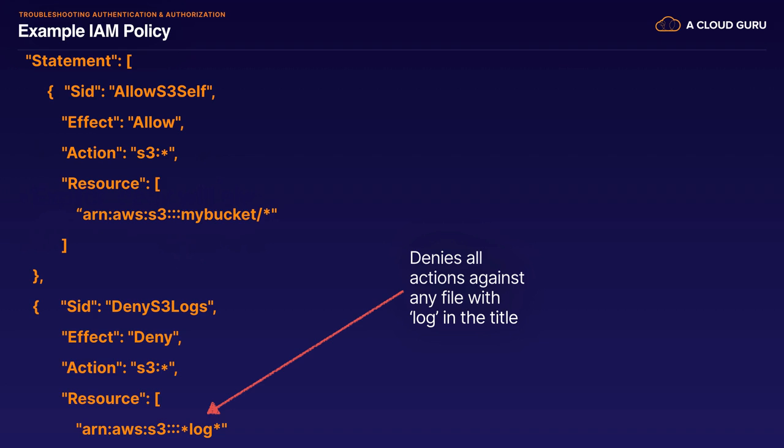In this case, the deny statement is going to override the allow statement from the previous policy. So this deny statement is going to deny all actions against any file with log in the object name. So in this combination of policies, the deny statement is going to override any allow statement.